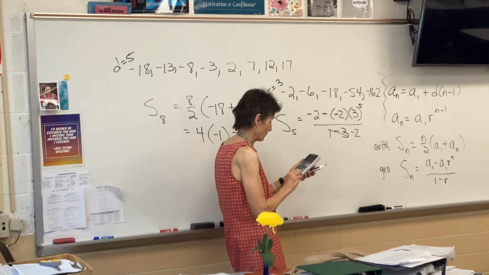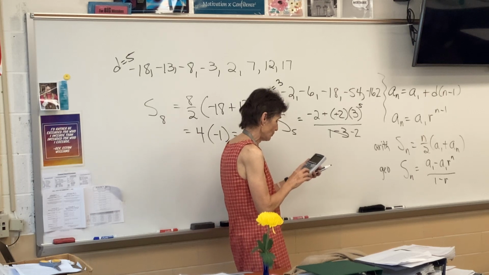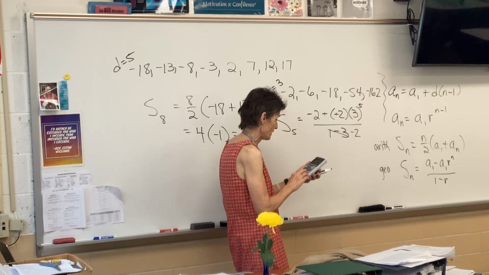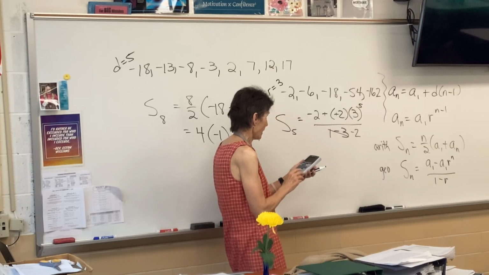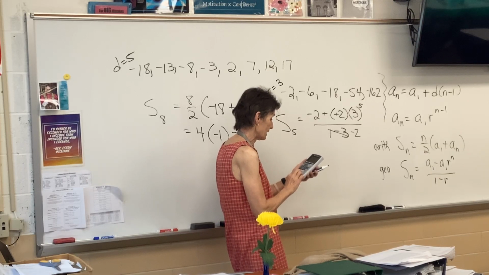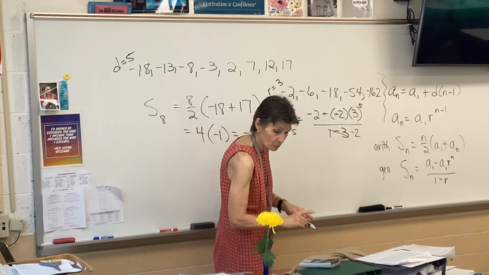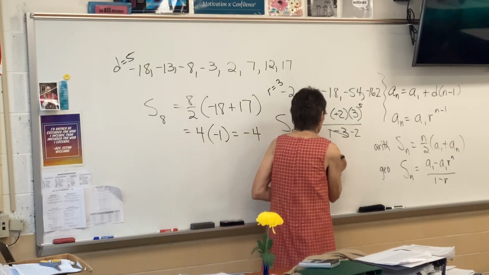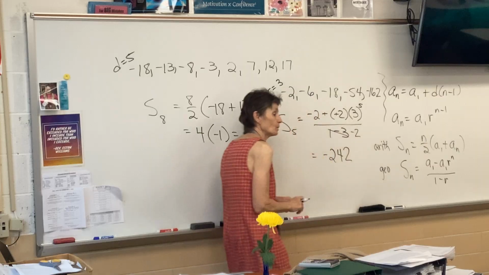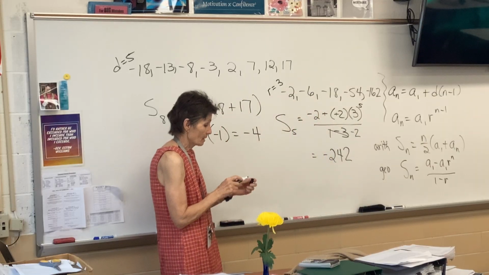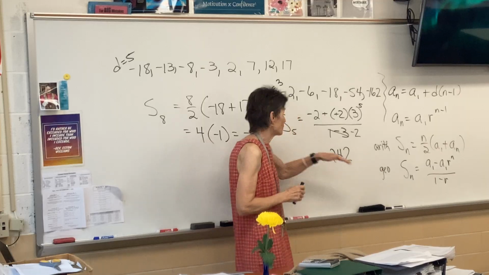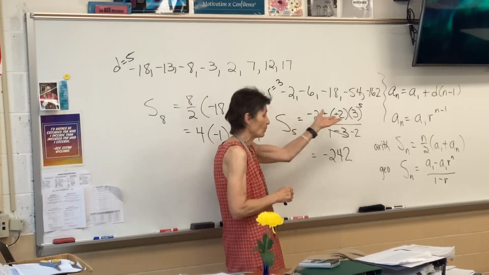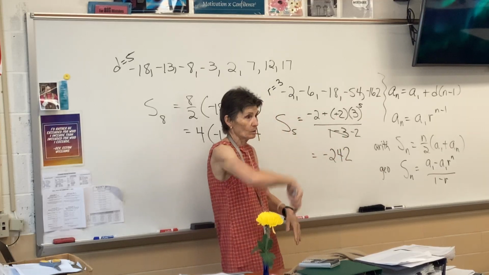-2 plus 2 times 3 to the 5th equals, I'm gonna hit equals, and then divided by -2. Tell me you got -242. If you didn't, we're gonna type it in again. There's a lot going on in this formula, so type in the numerator exactly the way you wrote it, and hit equals.